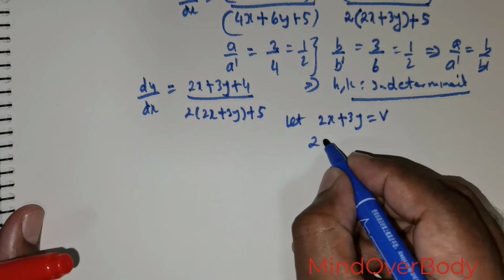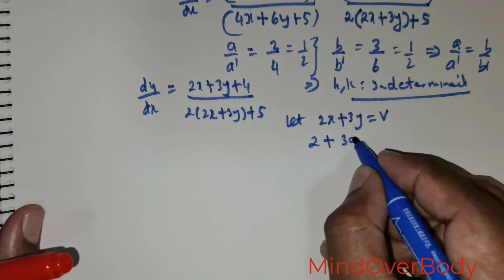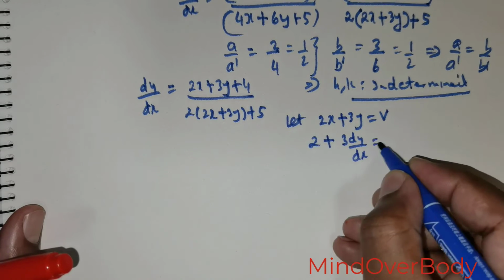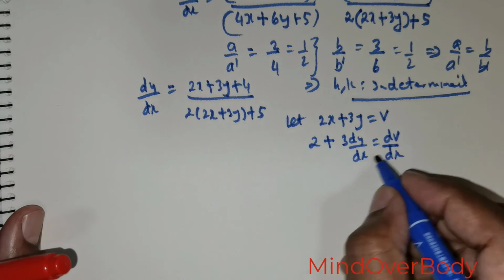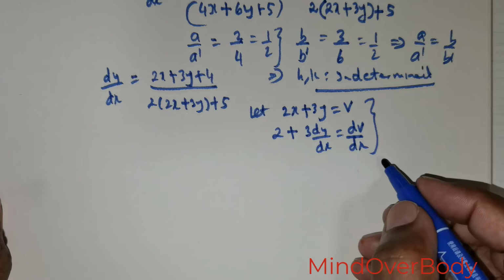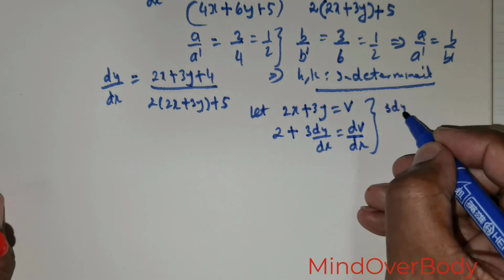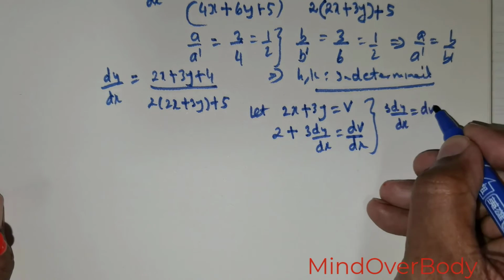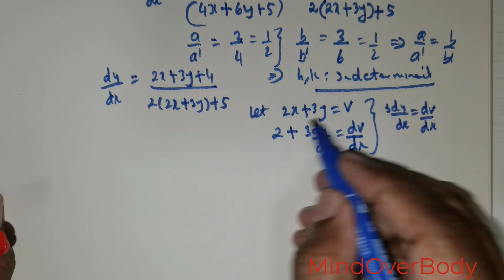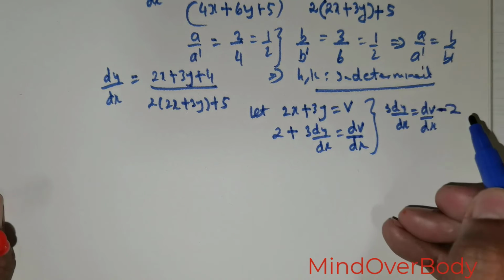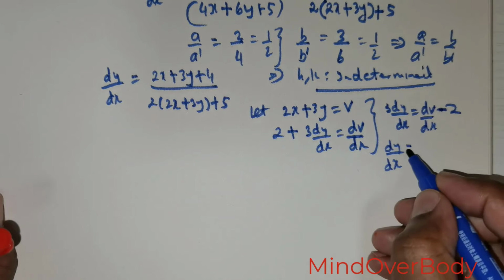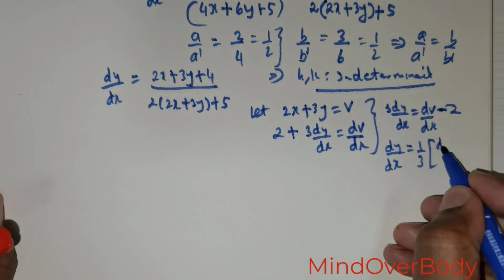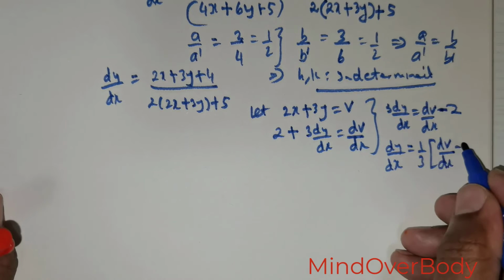I differentiate this, I get 2 positive 3 times dy over dx is equal to dv over dx. So from here, 3 times dy over dx is equal to dv over dx negative 2. Dy over dx is equal to 1 over 3 times dv over dx negative 2.